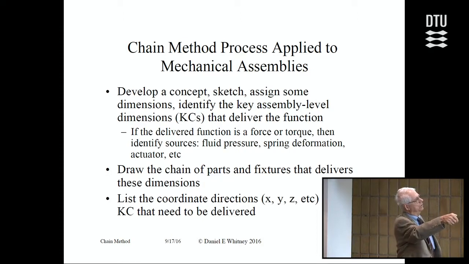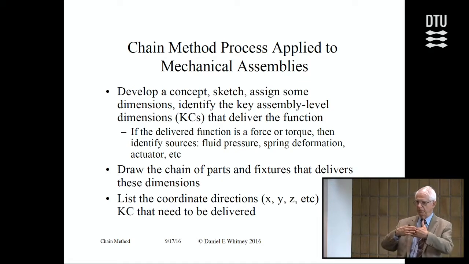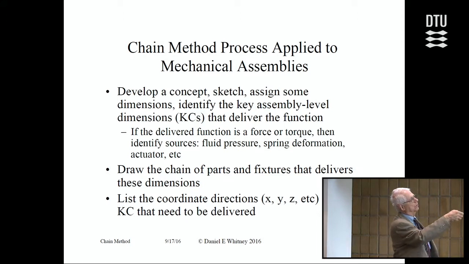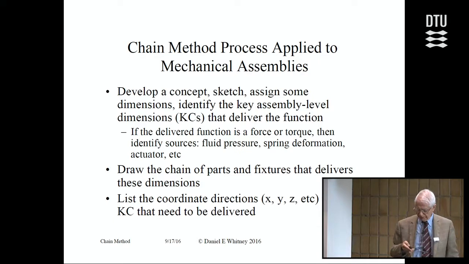Draw the chain of parts and the fixtures. There are often fixtures. For this car hood, there were fixtures. You can't put sheet metal parts together normally. They have lap joints. And so you have to add the missing constraint with fixtures. List all of the coordinate directions in the key characteristic that need to be delivered. In the case of the car hood, really it's all 6 degrees of freedom.